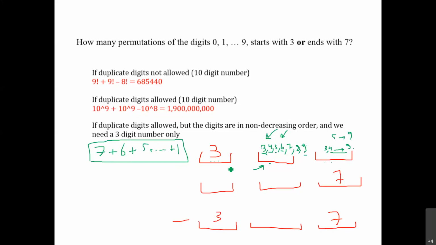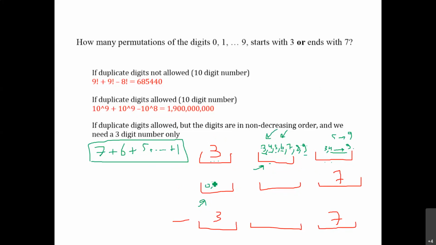What about if I end with 7? Well, same thing, but you could do the same thing vice versa. What can I choose for the first one? 0, 1.